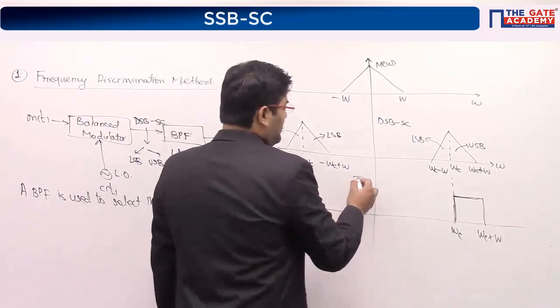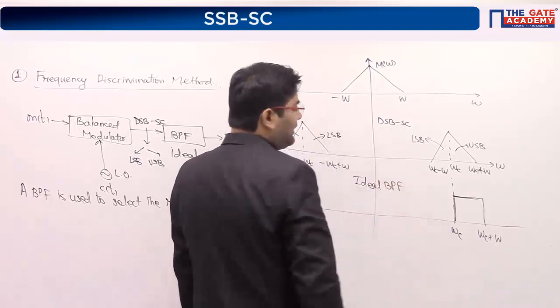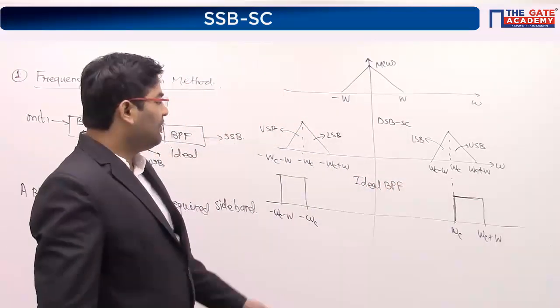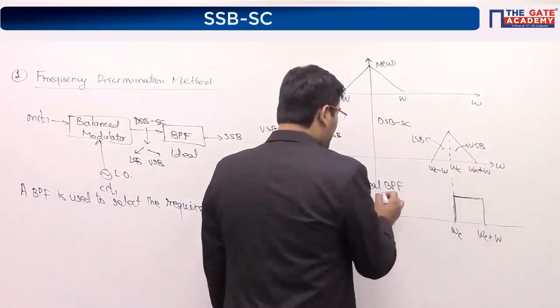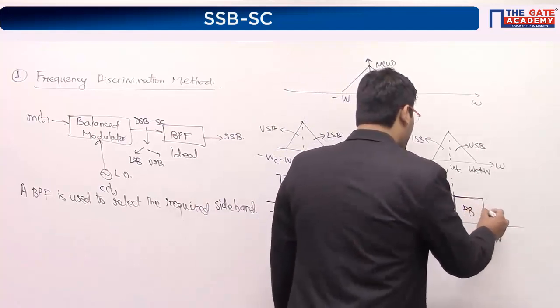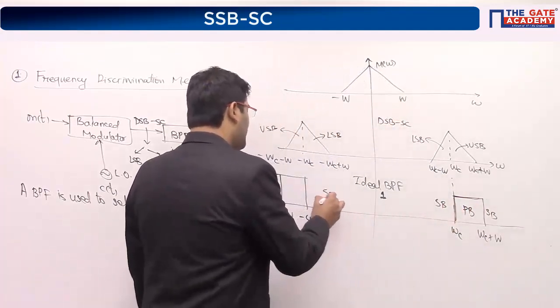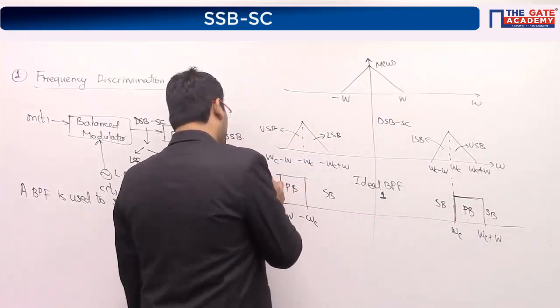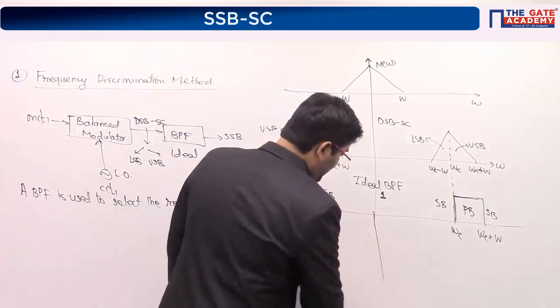So guys, this is your ideal band pass filter, which doesn't actually exist. Now it will only pass this part. So it has a gain of 1. It will not attenuate or do anything. This is pass band, this is stop band, and similarly pass band, stop band. So the final output will look something like this.